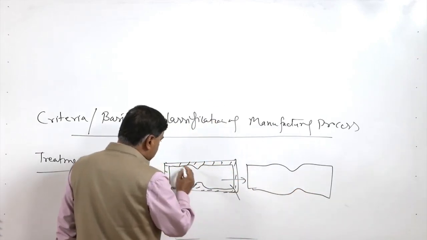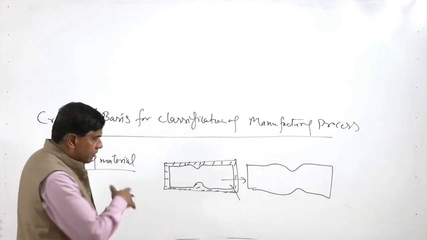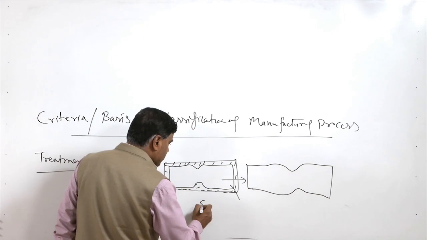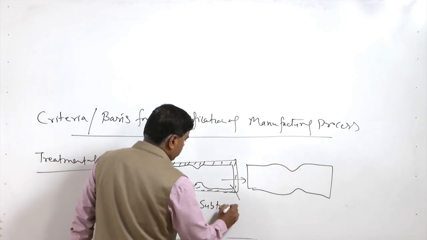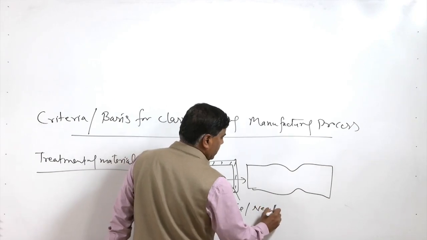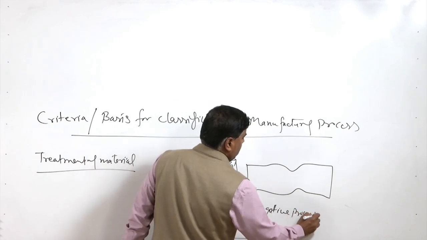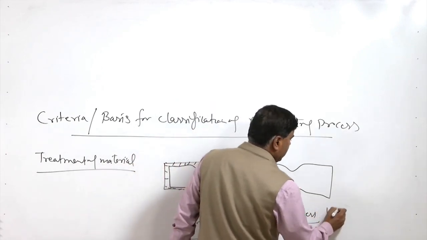Since the removal of the unwanted extra material from the stock material is involved in this process, that is why this is called the subtractive or the negative process. Basically this is the machining process.